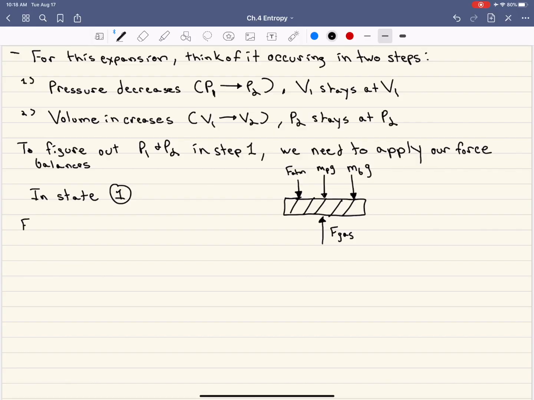For the force of the gas, similar to what we did in chapter 3, we can just say that's the pressure of the gas times the area of the piston.